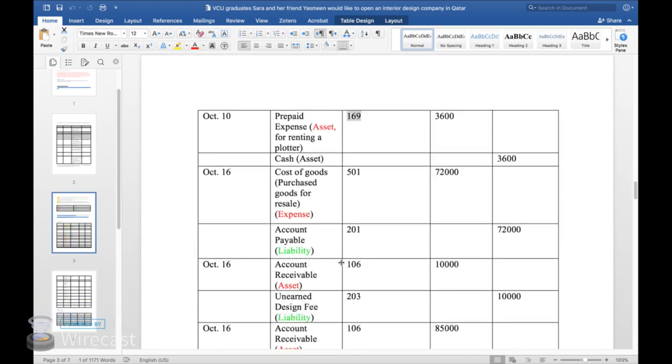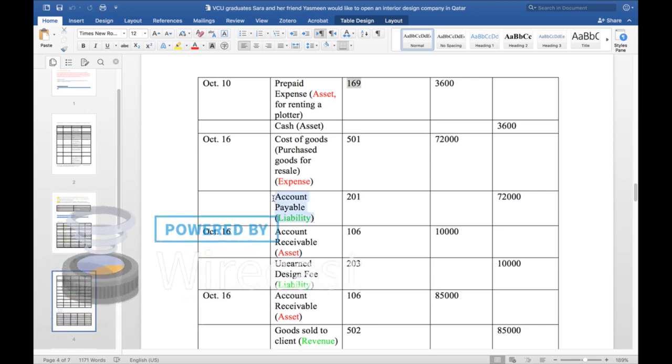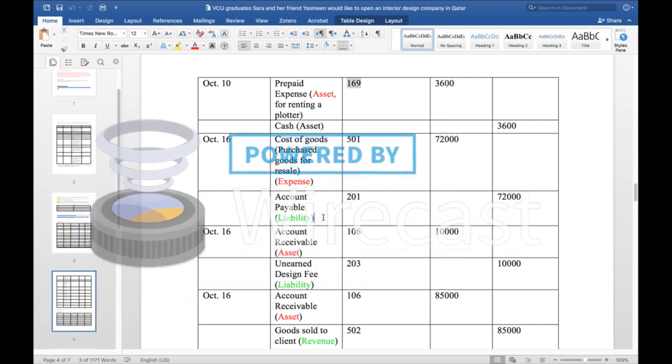And moving on, on October 16, we purchased some furniture for the client, but we did not pay. We bought with our credit. When we did not pay and the shop accepted our credit, that means we have a liability, and we will pay in the future.